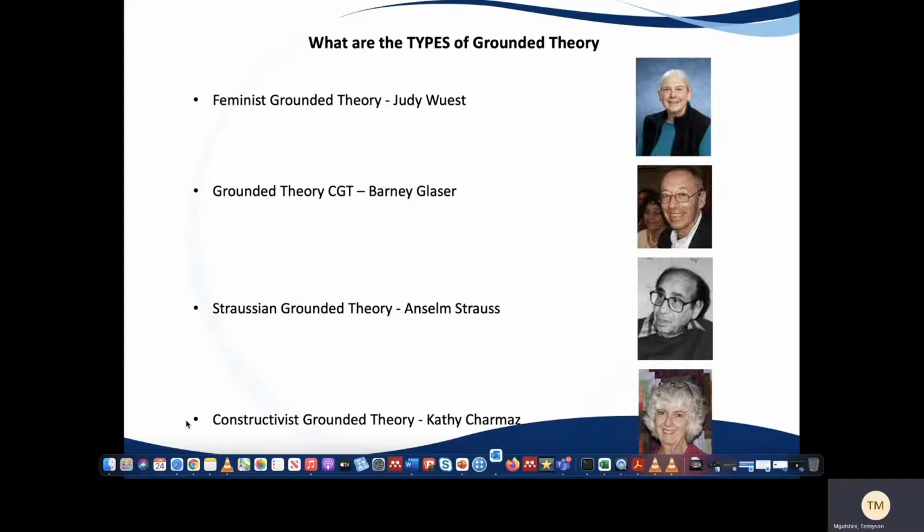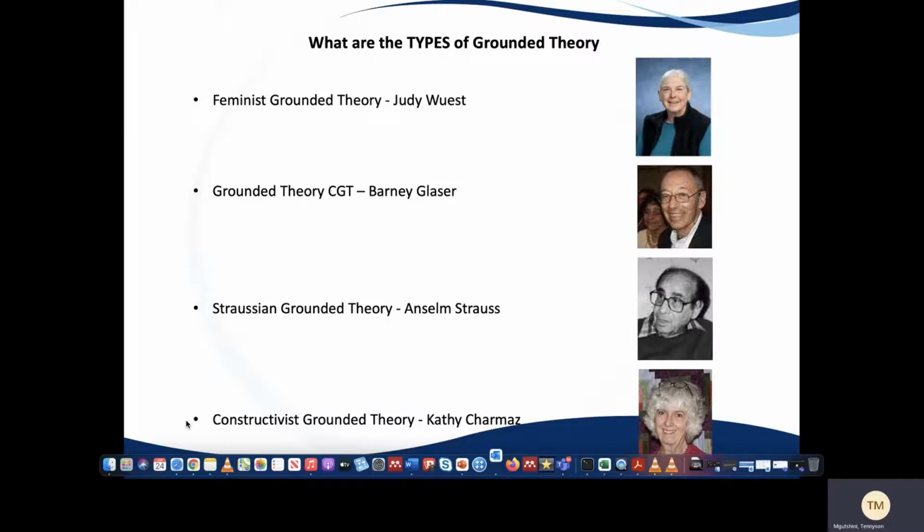Then there's the traditional grounded theory, which is by Barney Glaser, and then there's a Straussian grounded theory, which of course is by Strauss, and then constructivist grounded theory.